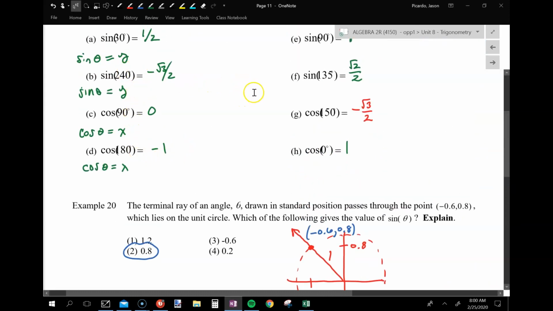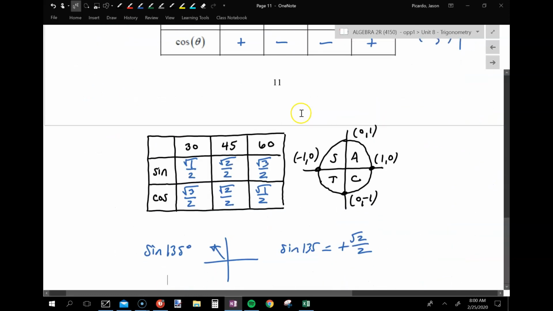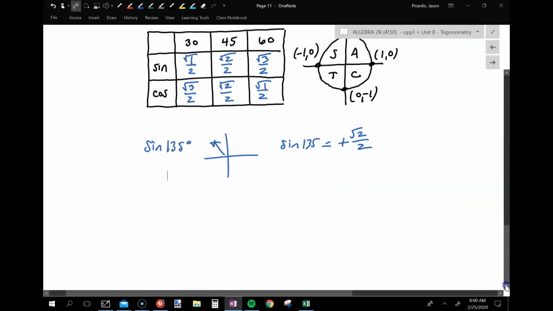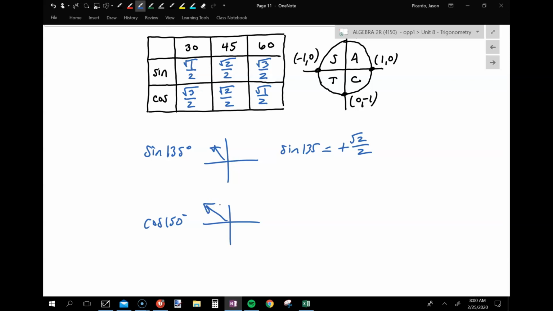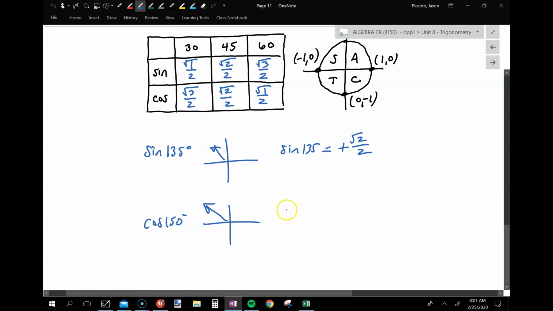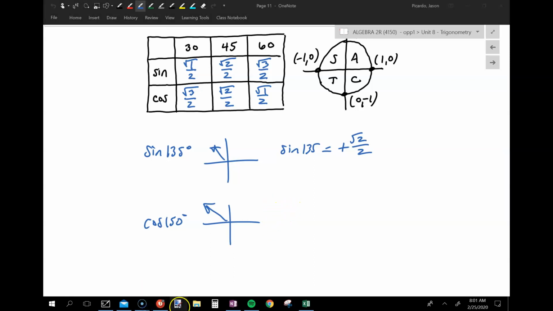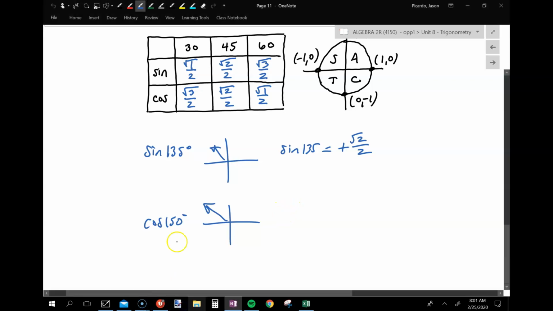Okay, now we'll do one more. Let's do cosine of 150. All right, so cosine of 150 puts me right here. Quickly, what's the reference angle? Everybody? 30. Okay, so I want to look at cosine of 30, right?